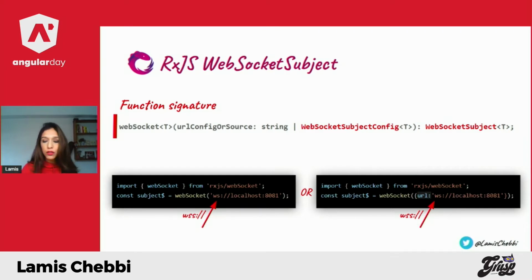Among those properties, you find the URL of your endpoint, and we will be speaking later in this talk about this special kind of subject. But at this point, keep in mind that there are two ways, a string or a whole object.